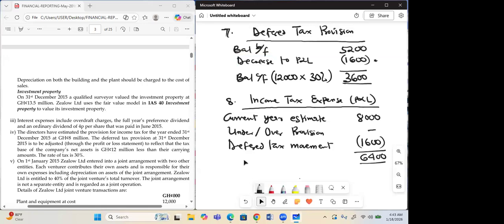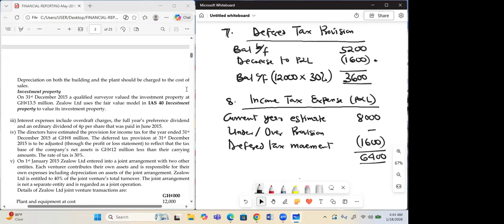Then in the deferred tax provision, you compare opening balance to closing balance. To get the closing balance, you take the temporary difference, which is the difference between the carrying amount of the entity's net assets and the tax base, and multiply it by the tax rate. That gives you the closing balance of the deferred tax. So when you compare it to the opening balance, whether it's an increase or decrease, you go and charge it in the income tax expense. Is that clear? Yes, sir.